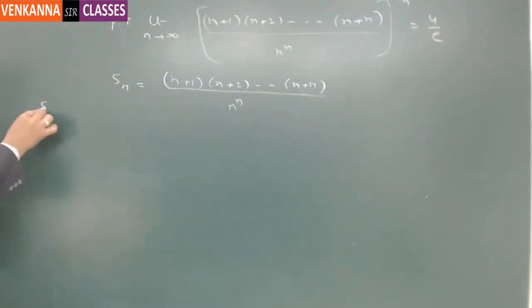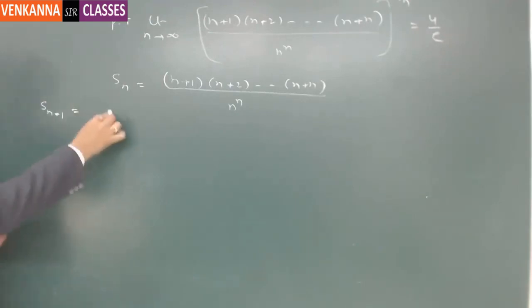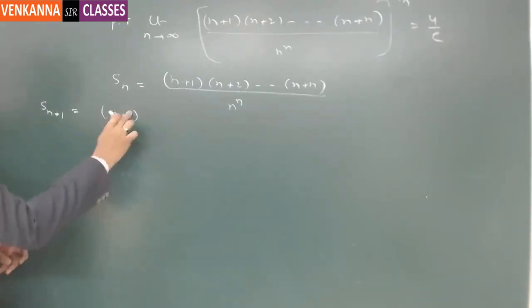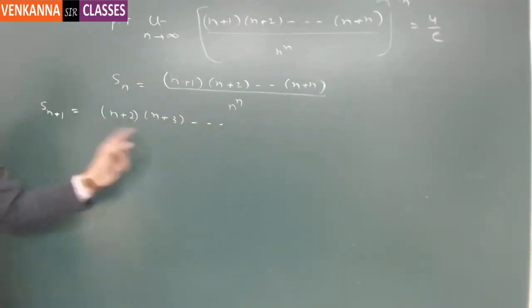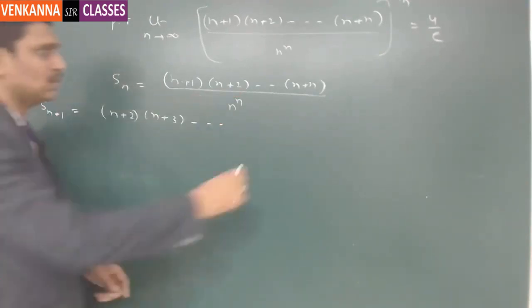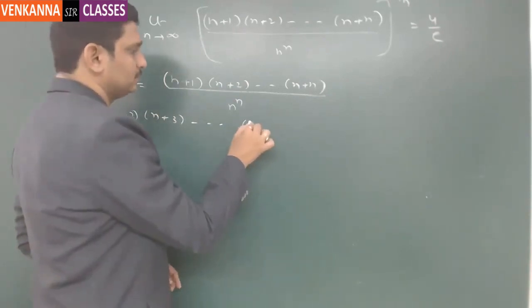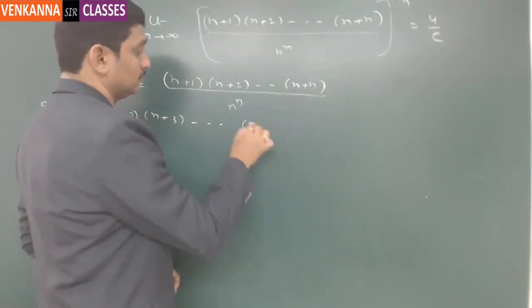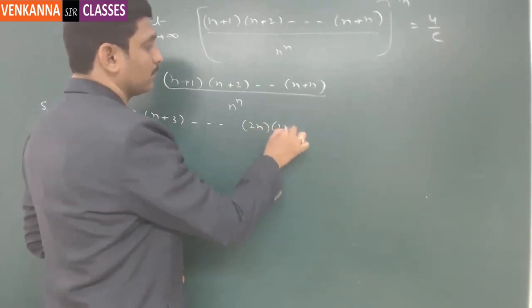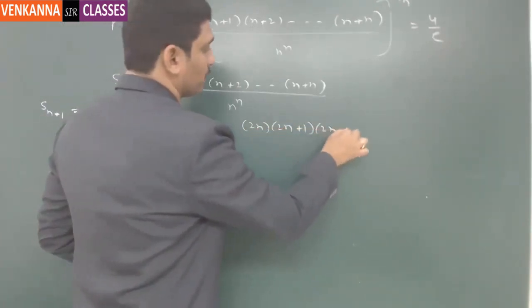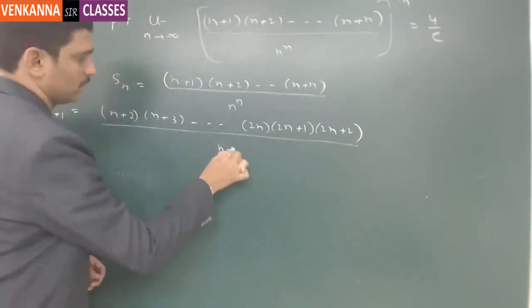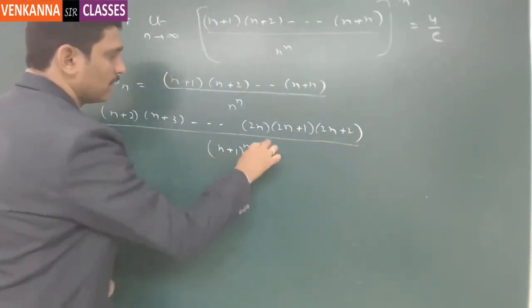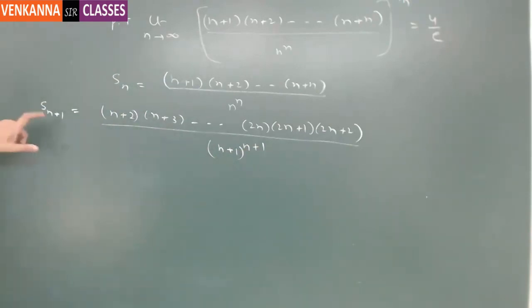And yes, for Sn plus 1, it is n plus 2 into n plus 3 into so on. We are going to write n plus 1 in place of n. So please ask if you have a doubt in writing this term Sn plus 1.